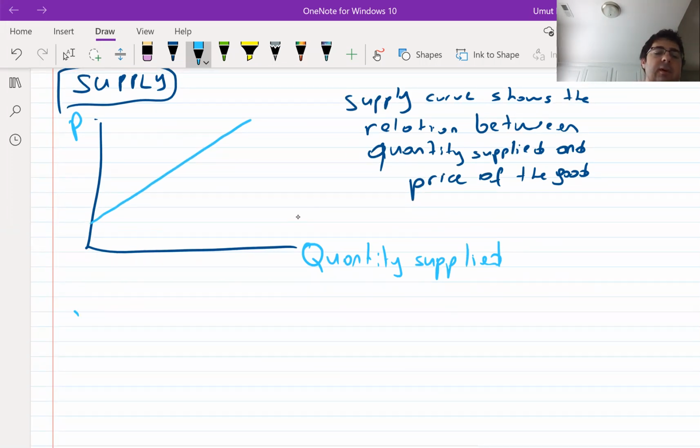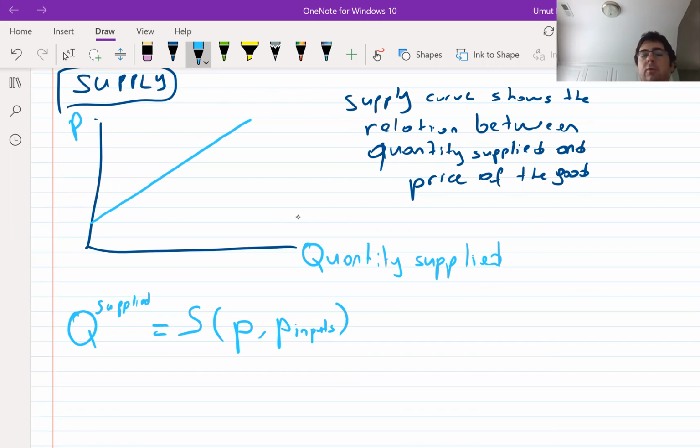Then I also define the quantity supplied as a function. It will be a function of the price of the good itself, and for simplicity, let's say the price of inputs.